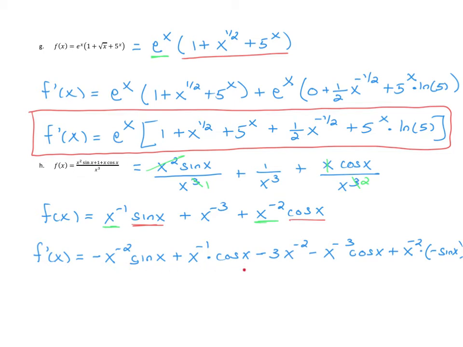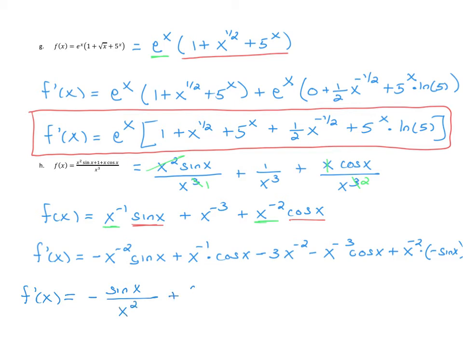Maybe I'll rewrite this so all the exponents are positive, so it looks kind of like our original expression, just to see what that looks like. F prime of x is equal to, okay, this first piece is really negative sine of x over x squared.